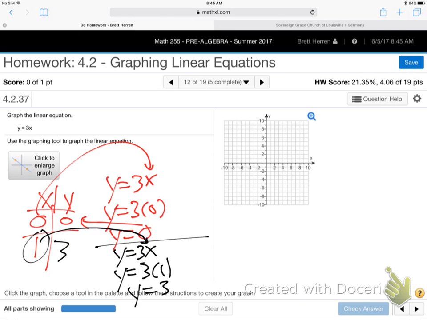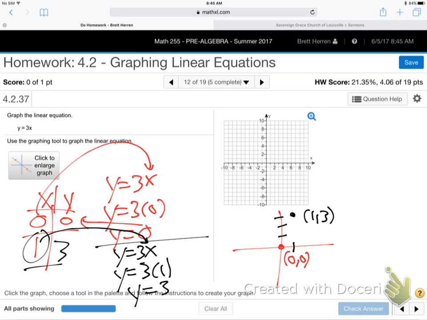So we got a couple of dots. Can you put those on the graph? So I'll make a little graph down here. First one, 0, 0, where's that? That's the origin, right smack dab in the middle there, over 0, up 0. And then the second one is 1, 3, so that's over 1, up 3, like so.